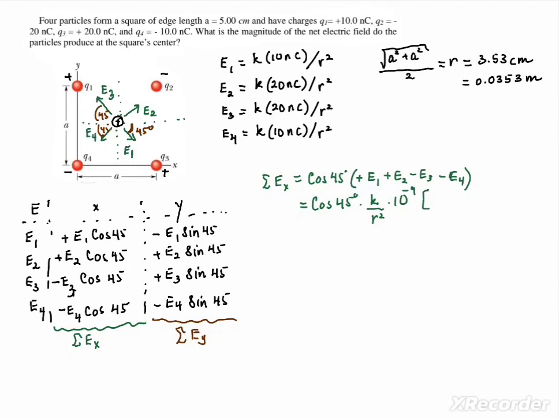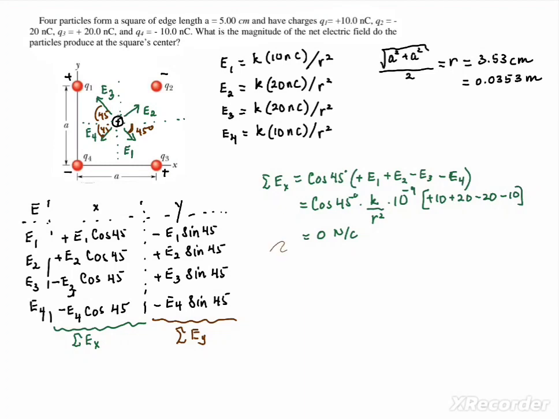So plus E1, so what's left is plus 10, plus 20, and then minus E3, so minus 20, and then minus 10. So what is 10 plus 20 minus 20 minus 10? That is 0. So we are multiplying 0 by everything, and that is 0. That is newtons per coulomb.